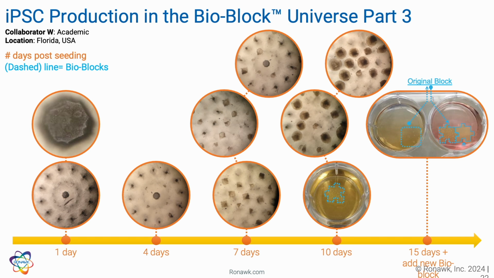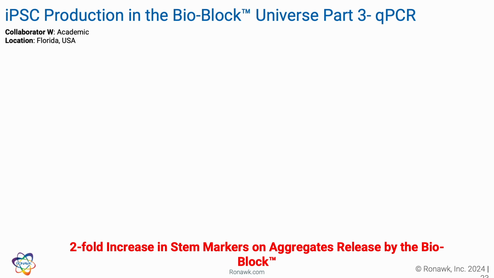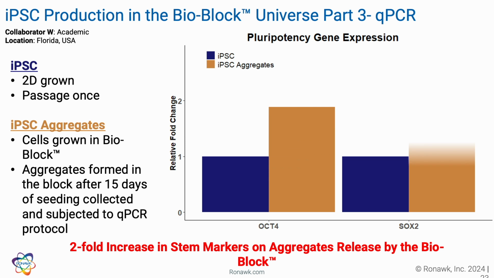By day 10 and day 14, those aggregates were getting expelled out of that block, and you can actually see them right here, hopefully. Those aggregates that got expelled, she collected them and performed qPCR on them. And what she saw was a 2-fold increase in stem markers for the cells that came out of the aggregates from the block.